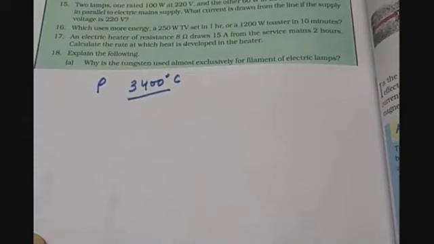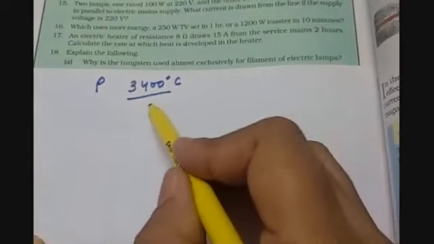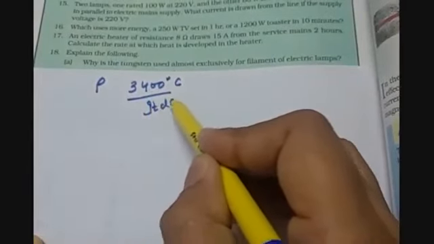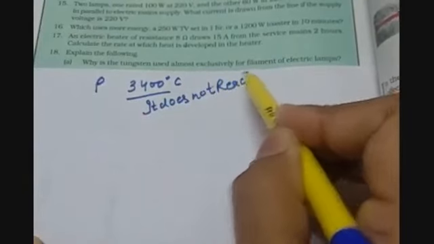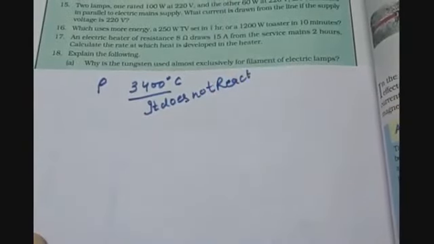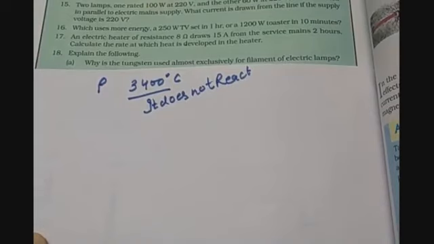One more important point is that it does not react with atmospheric constituents at high temperature. That means it does not burn or oxidize at higher temperatures. So that is why tungsten is used for the filament of electric lamps.